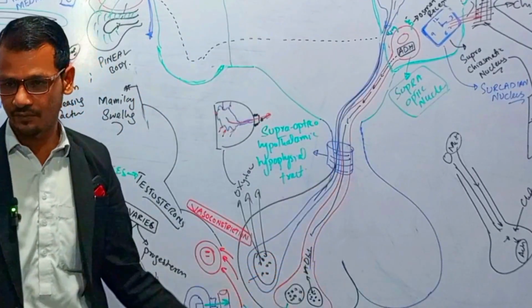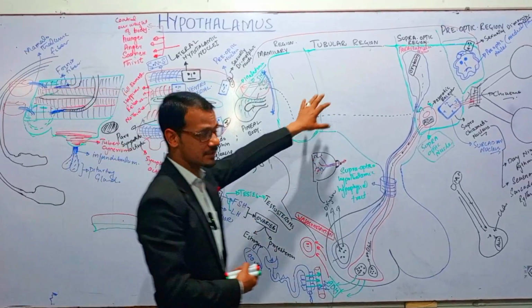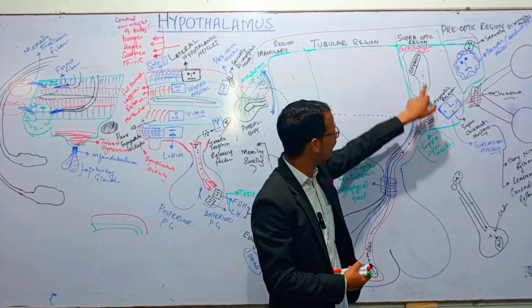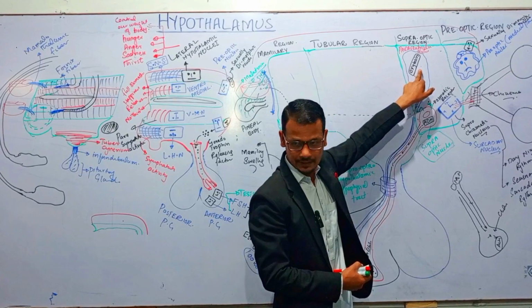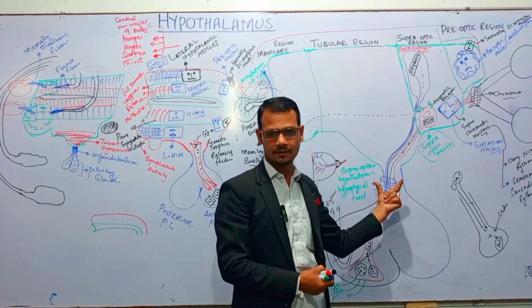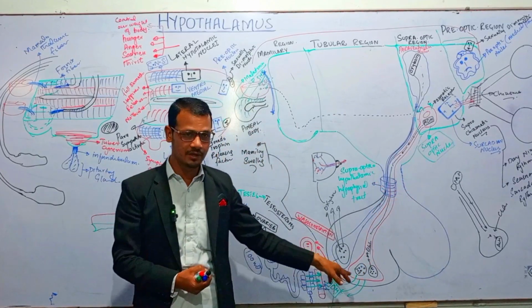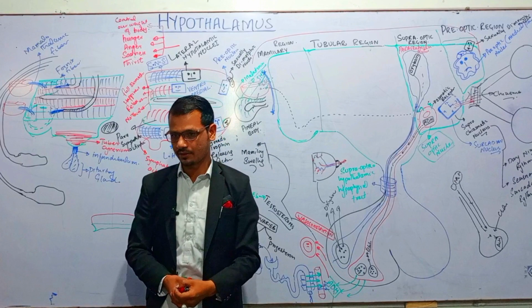Hypophysis is the second name of pituitary gland, and hypothalamus is this. This is the supraoptico hypothalamic hypophyseal tract. And by this tract, the posterior lobe of this pituitary gland is controlled, right?